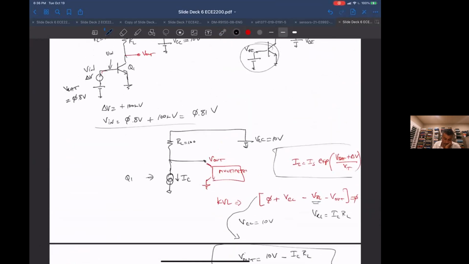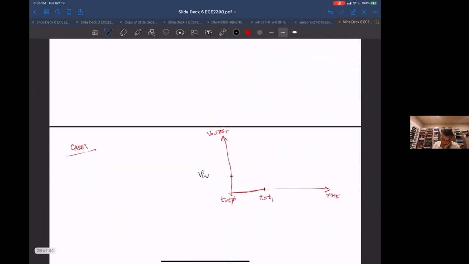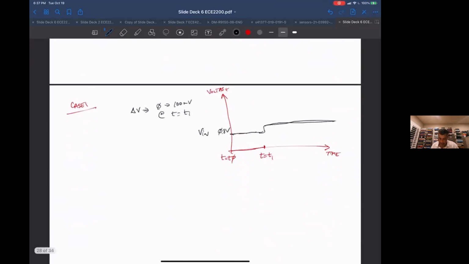This is a battery, so it's always at least 0.8 volts. And then delta V goes from 0 to 100 millivolts at time equal to t1. So Vin is going to look like that. It should be flat.